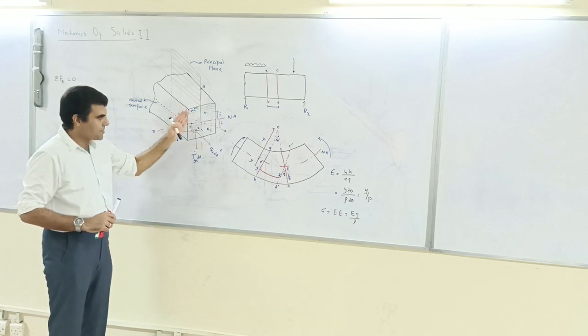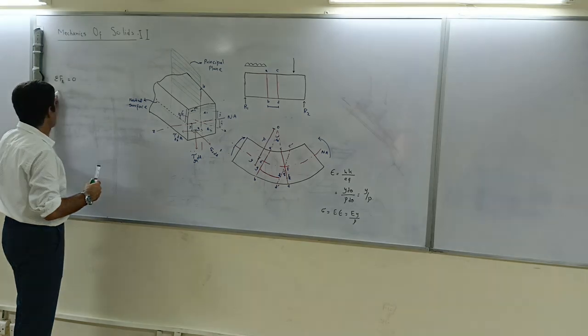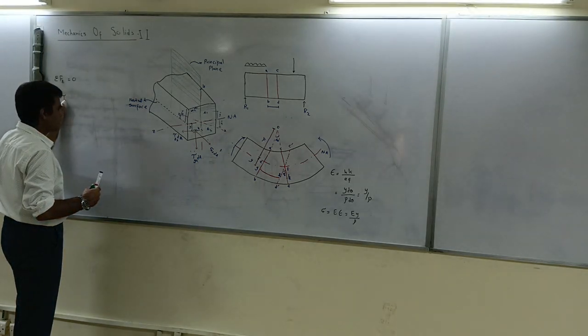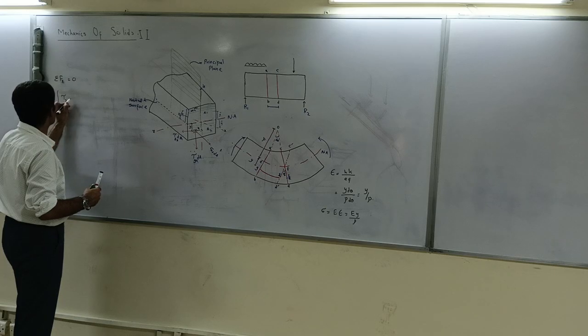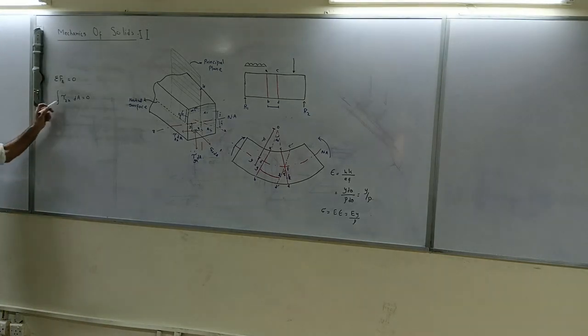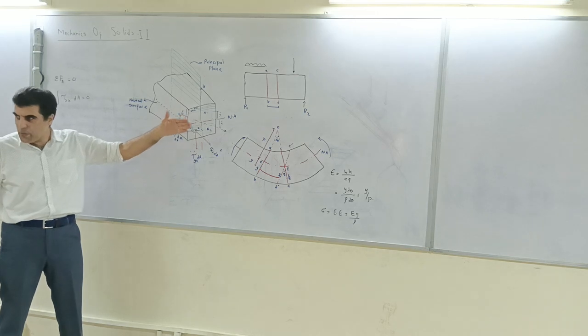So in this case we should have tau zx must be equal to 0. So all the tau zx's within the cross section must equate to 0.